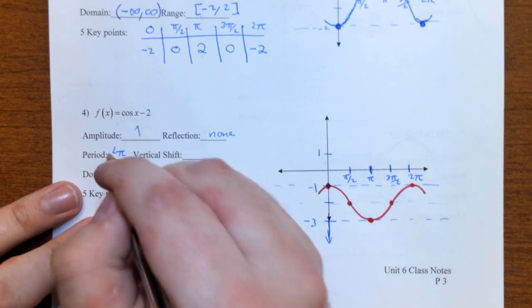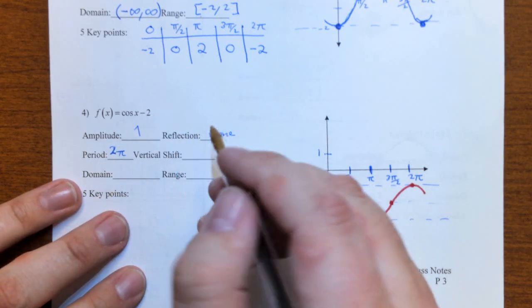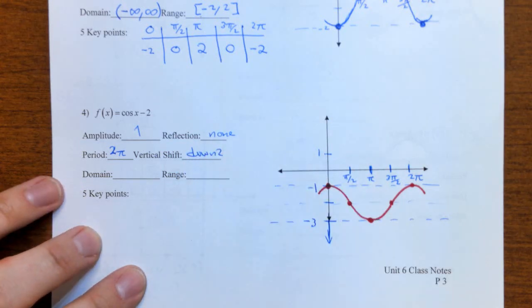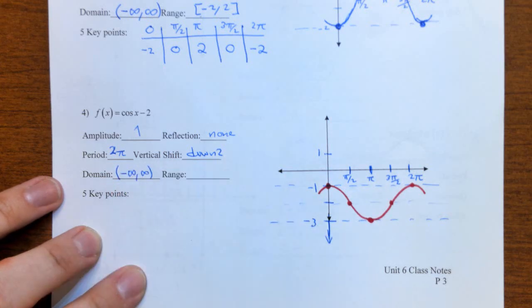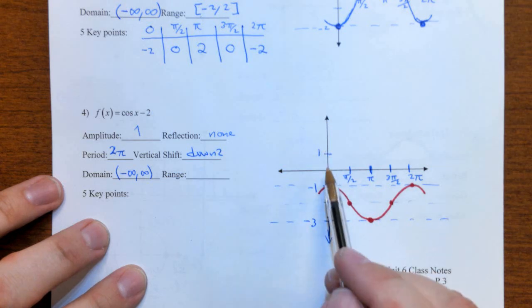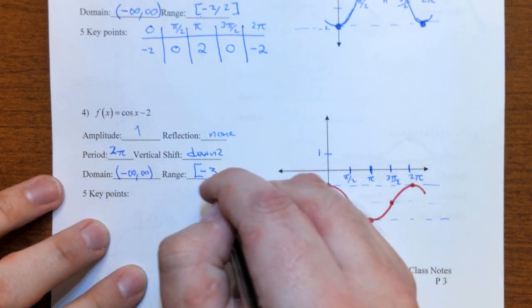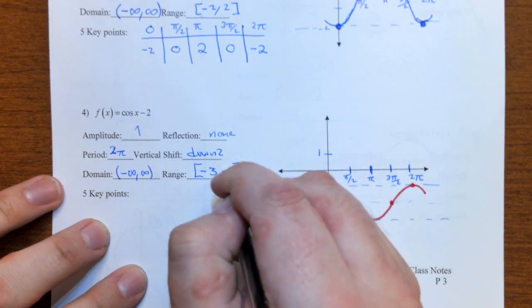The period is still 2 pi. For my vertical shift, I need to go down 2. My domain for all sines and cosines is all real numbers. But my range, rather than -1 to 1, since I shifted down 2, -1 moved down to -3, +1 moved down to -1.